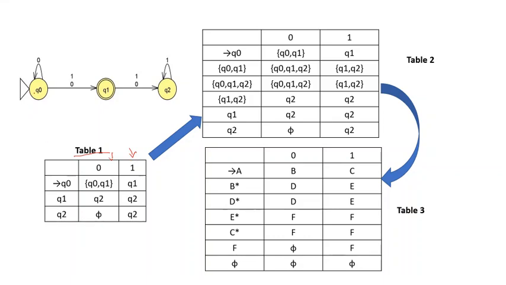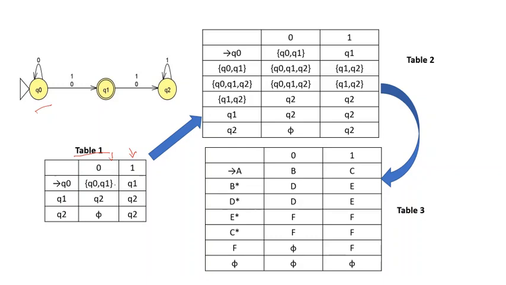We can see from the transition diagram that from Q0 there is a transition for input symbol 0 to both itself and Q1. So we write it in curly brackets, Q0 Q1. Then taking 1, Q0 goes to Q1 only.